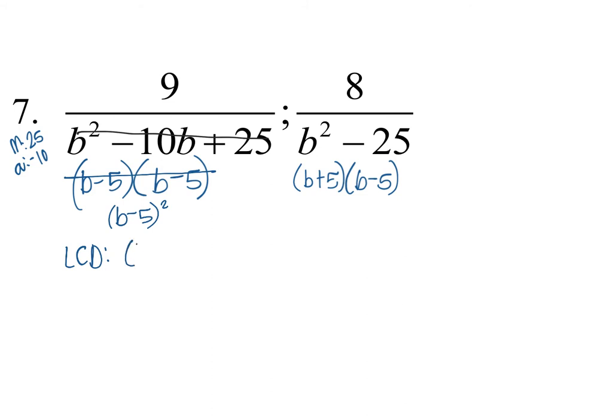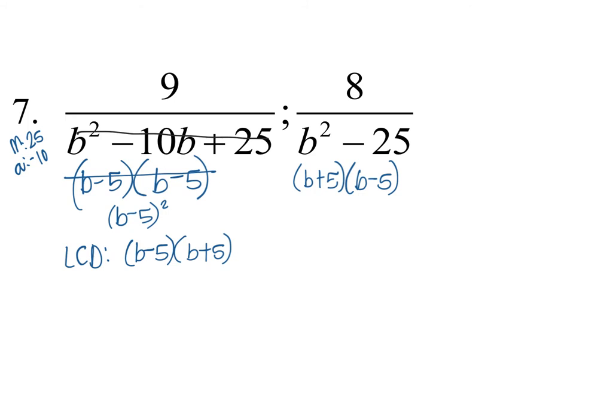Well, we had a factor of b minus 5 and a factor of b plus 5, and that covers all of the factors that we have. Now we want to go back and raise the factors to the highest power that we saw in a denominator.